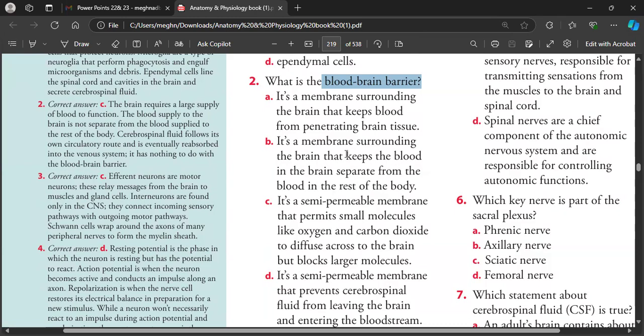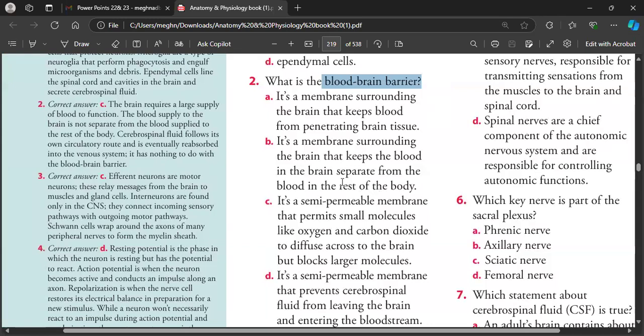The membrane surrounding the brain that keeps the blood in the brain separate from the blood in the rest of the body. That does not make any sense, because blood always follows the artery and vein system, nothing like this.